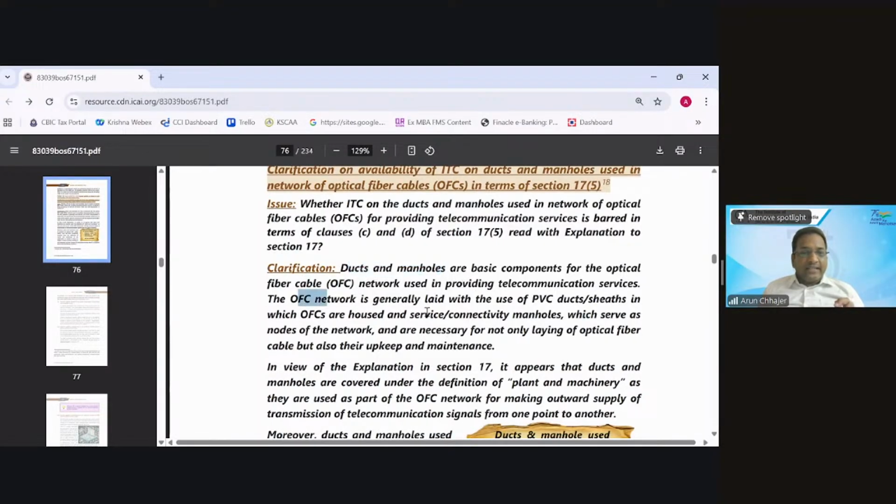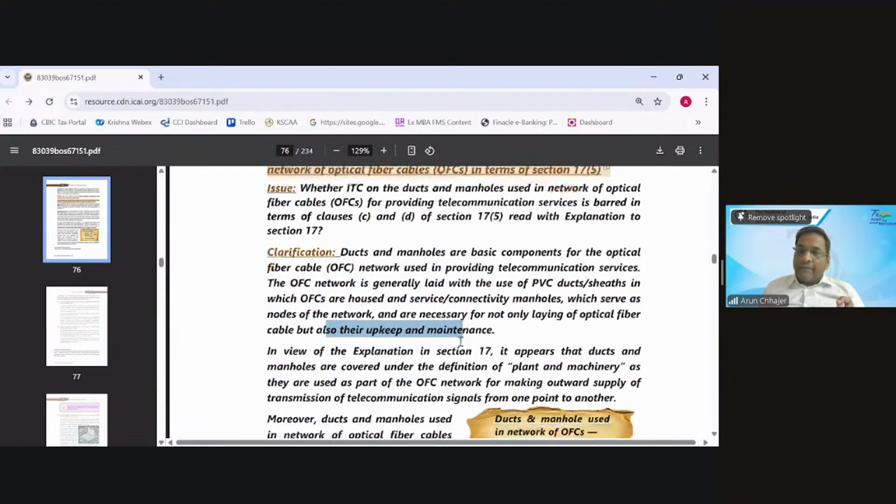OFC network is generally laid with the use of PVC ducts and sheets in which OFC are housed, and service connectivity manholes, which serve as the nodes of the network and are necessary not only for laying the OFC but also for their upkeeping and maintenance.